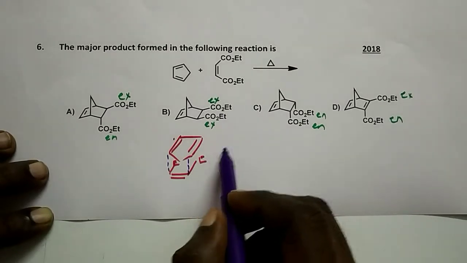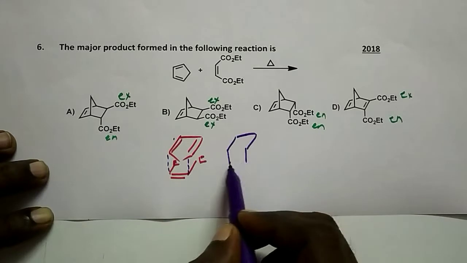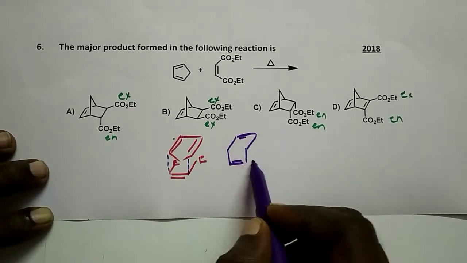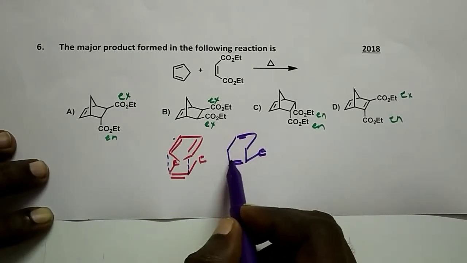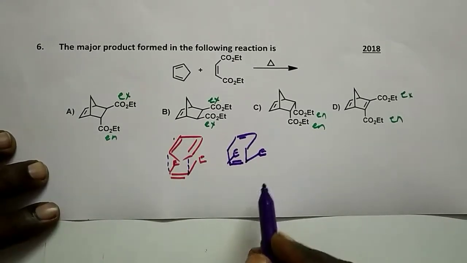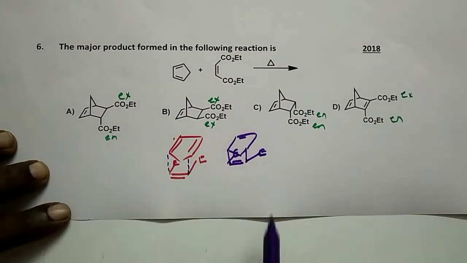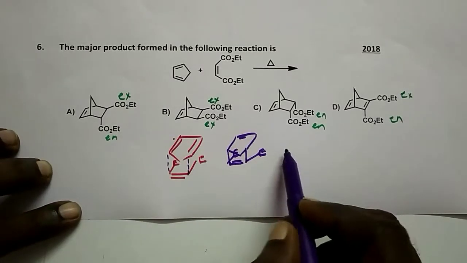The product will be E, E. This can be written like this.